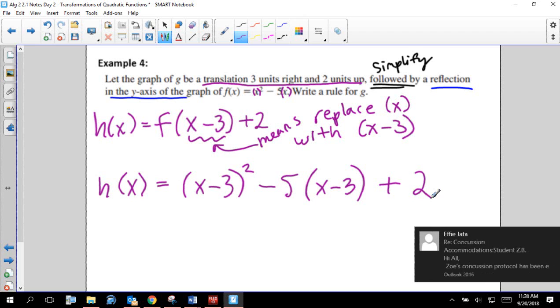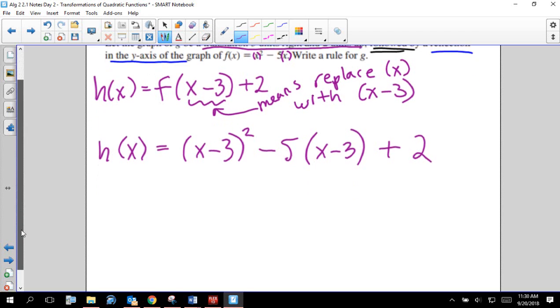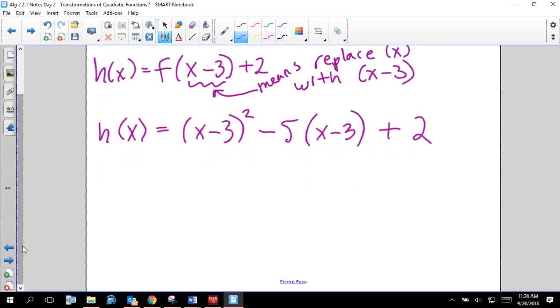So then our next part of the instructions, followed by, means, so this, I'm going to simplify, meaning I'm going to get rid of all these parentheses and combine any like terms I possibly can. So last class we went over things like x minus 3 squared. How do I multiply x minus 3 squared? Foil. Yeah. Before I FOIL, I gotta do something first. X minus 3 times x minus 3.